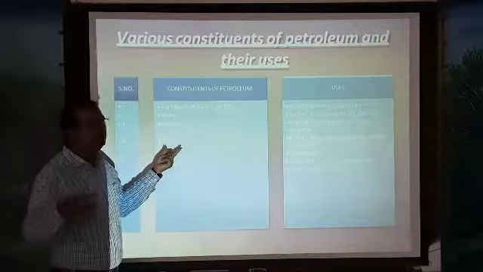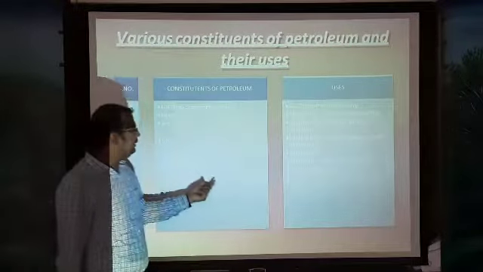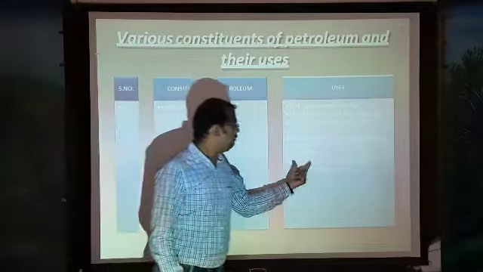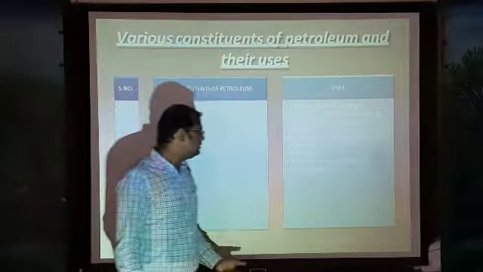Diesel is used to run heavy vehicles. Lubricant oil is used for lubrication, and paraffin wax is used for preparing ointments, candles, vaseline and so on.